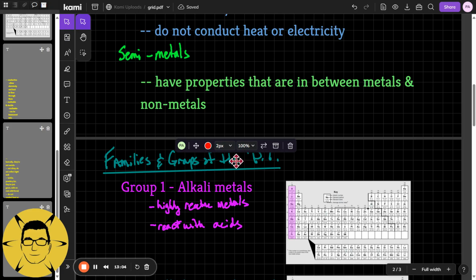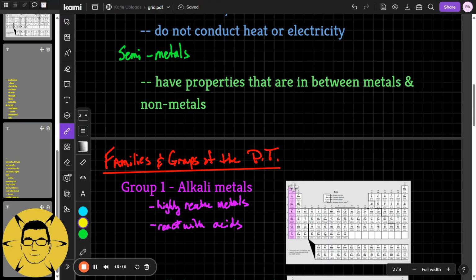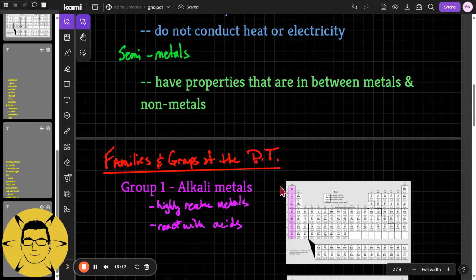It doesn't have to be a new page, just the next section of the notes. Group 1, we have the alkali metals, which is this first column right here. You probably should not include hydrogen there. So that first column, we'll draw that in purple.